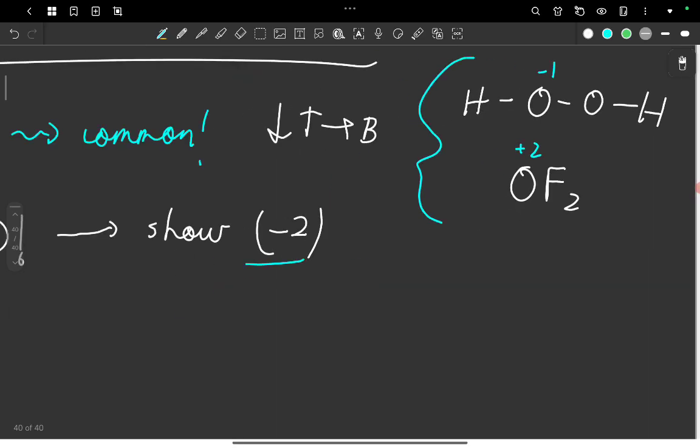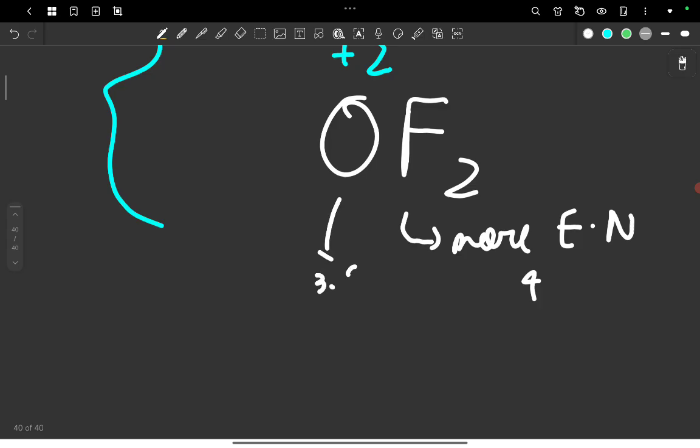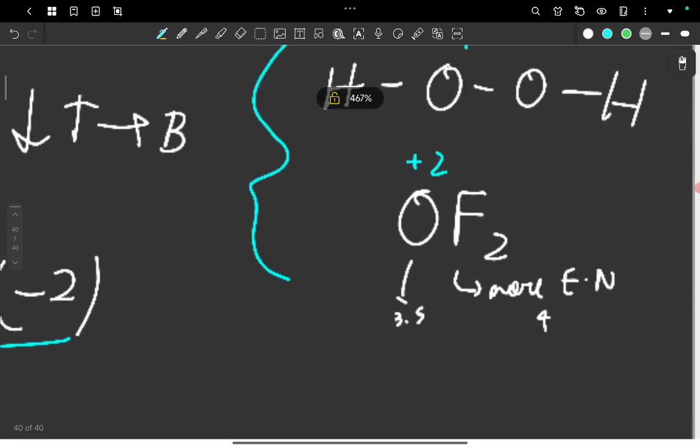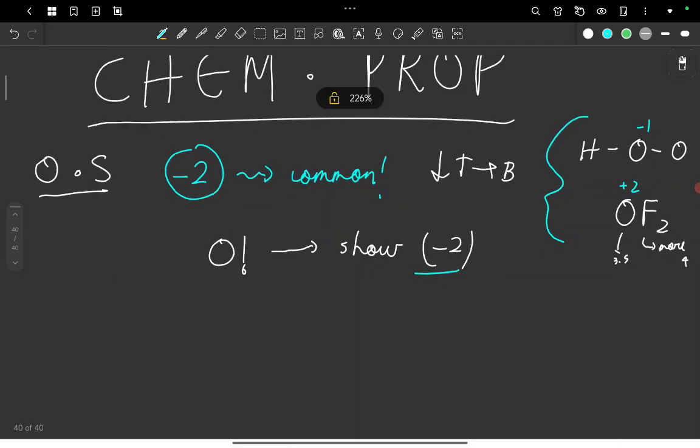This is because fluorine is more electronegative than oxygen. It is the only element with electronegativity 4, while oxygen is 3.5, and hence this explains why oxygen shows an oxidation state of +2 in OF2.